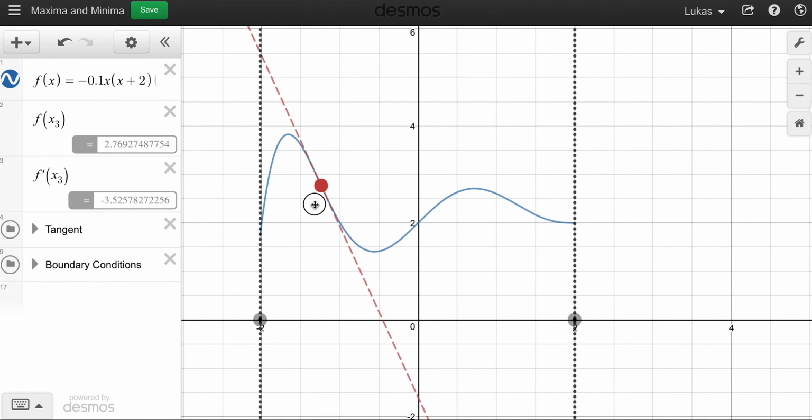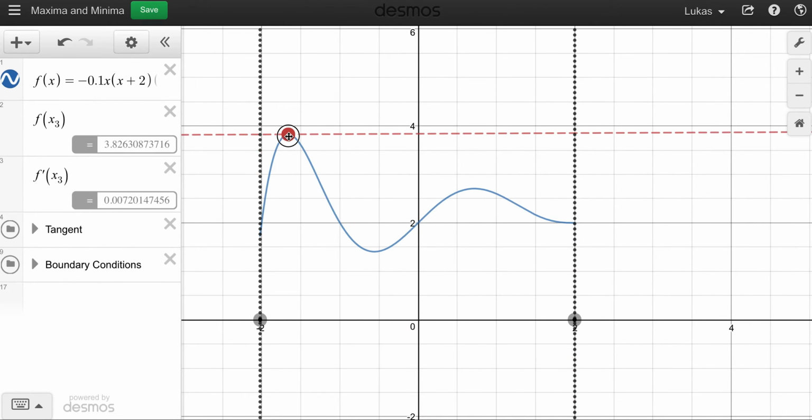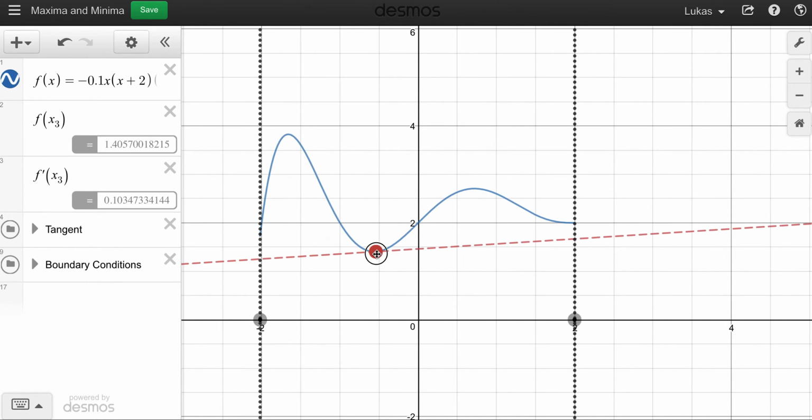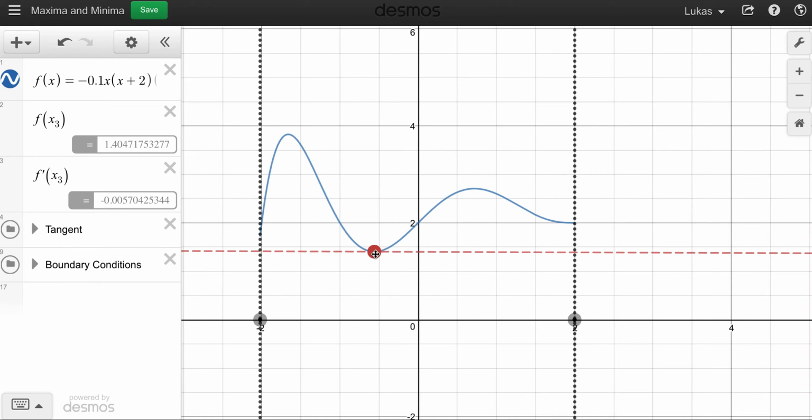If we just look at the graph, we can see the maximum value is going to be up here where the slope is 0. We can see the minimum value is going to be down here where the slope is 0, right? And these boundary conditions over here and over here don't actually end up mattering. Actually, this one's very close to that value of 2 as well. But basically, the minimum value is going to be here and the maximum value is going to be here.